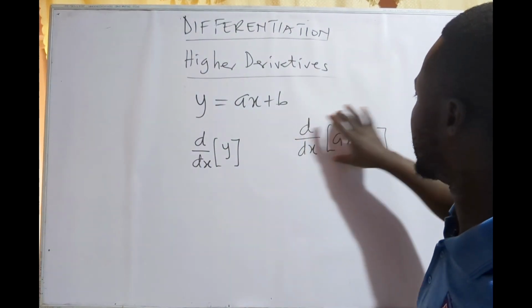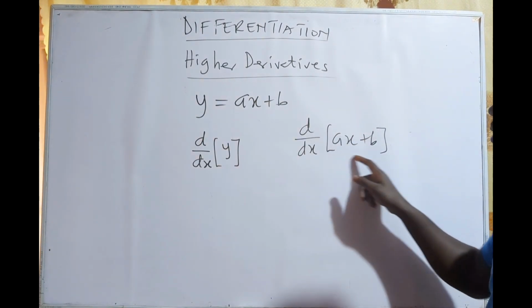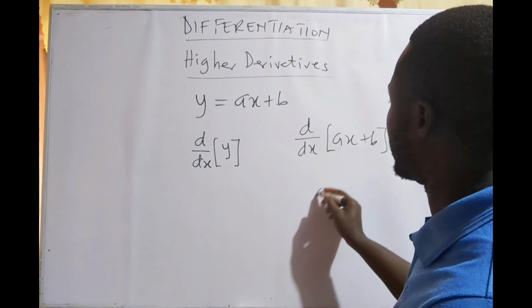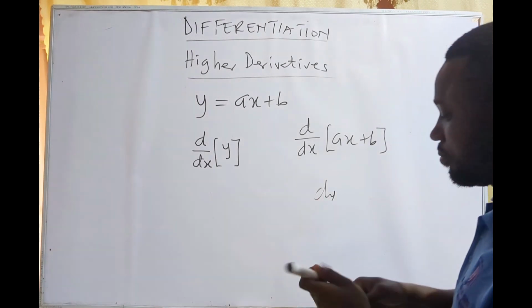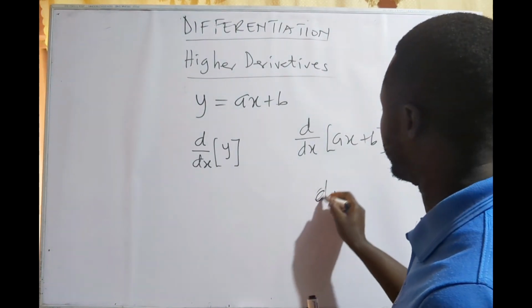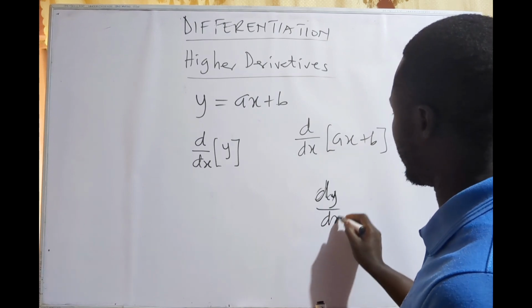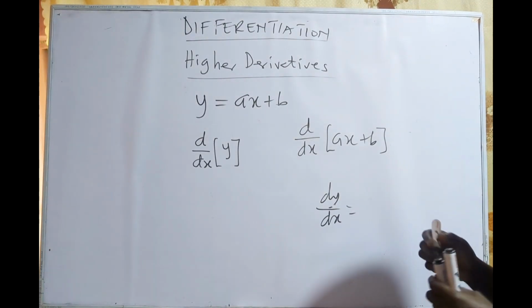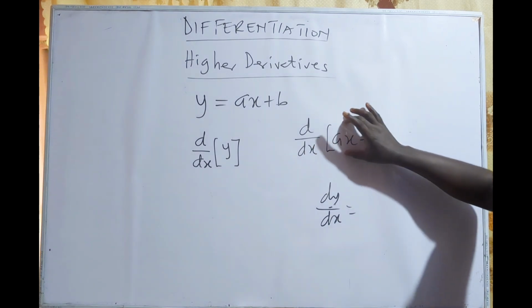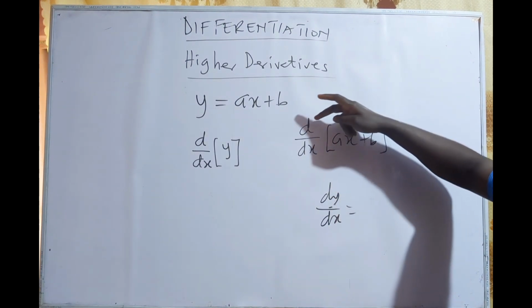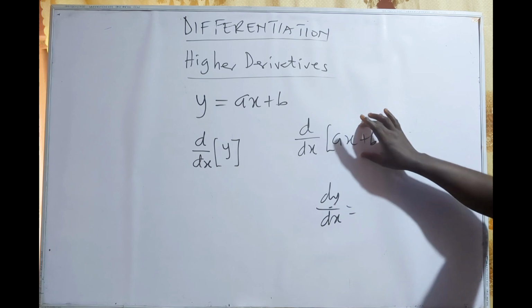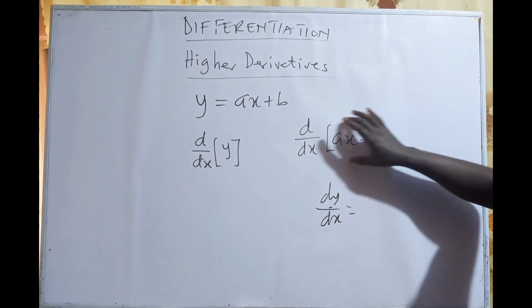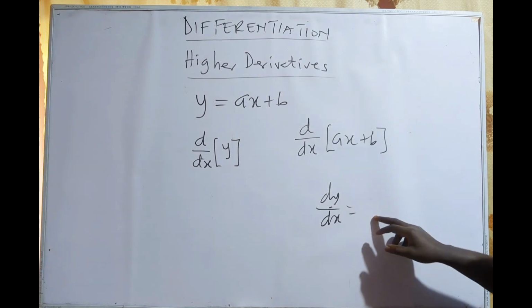So if I write this, it means I am differentiating this particular function, and the result is what we write as dy/dx. If I write d/dx on this, it means I'm going to differentiate this particular function, and the answer will be the same as this one.